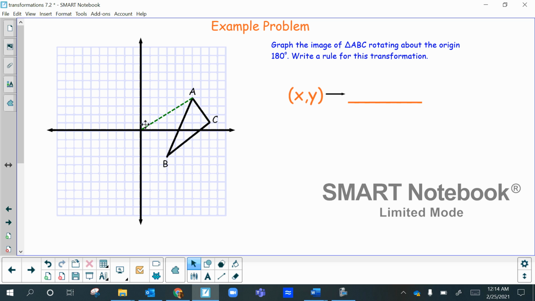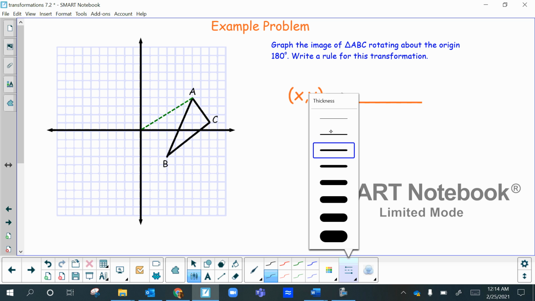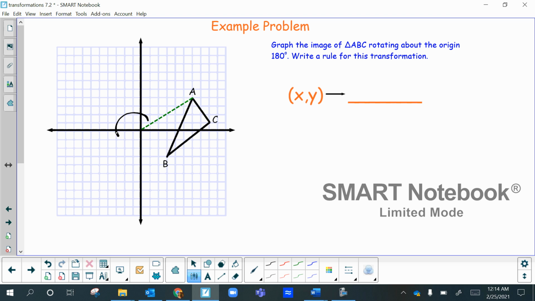Now think about it. A 180-degree rotation is basically onto a flat line. So it's going to be that same flat line, and it's going to have the same slope. So if it goes down 4/6, I want to do that same thing. 1, 2, 3, 4. 1, 2, 3, 4, 5, 6. So that's going to be A prime right here.